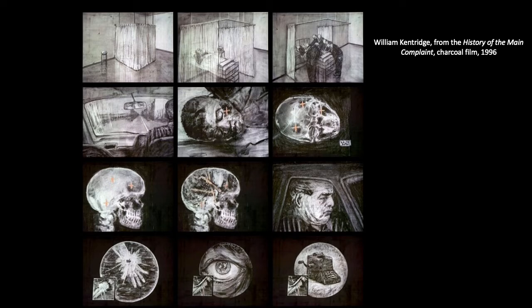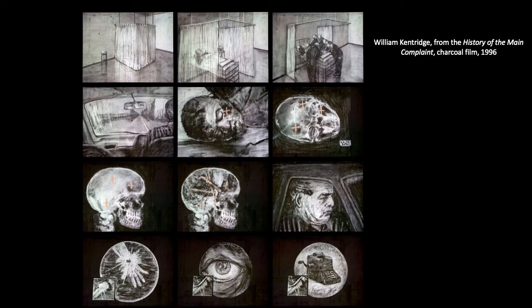Here we have some stills from William Kentridge's charcoal film, The History of the Main Complaint, which he created in 1996. This is a great work to help us understand charcoal as a medium and why an artist chooses to use a certain medium for the message they're trying to portray.